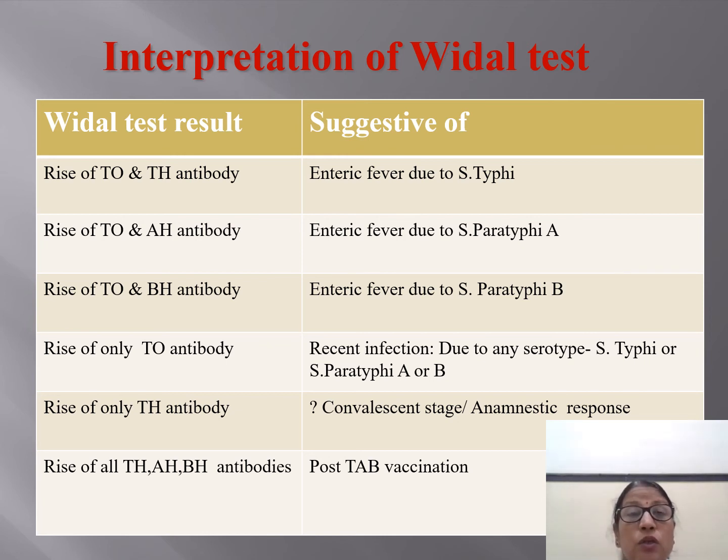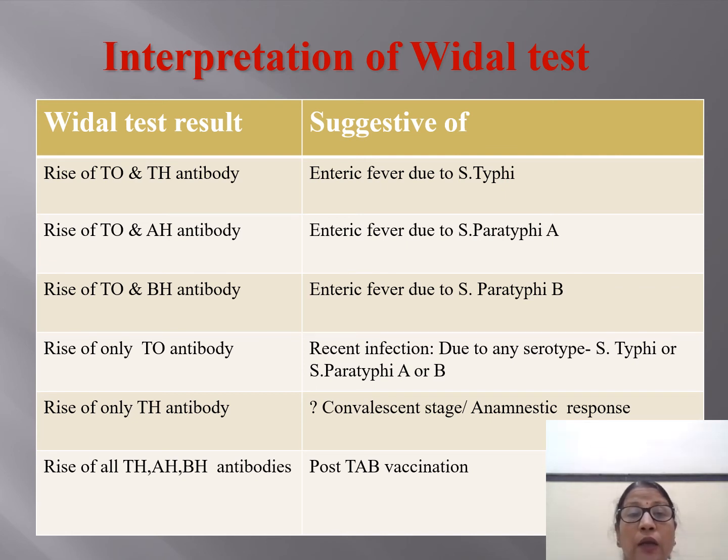If there is a rise of TO and AH, meaning antibody against Salmonella paratyphi A flagellar antigen, this is indicative of enteric fever due to paratyphi A. In case of enteric fever due to Salmonella paratyphi B, there will be a rise of O as well as H antibody, but the H antibody will be against Salmonella paratyphi B.